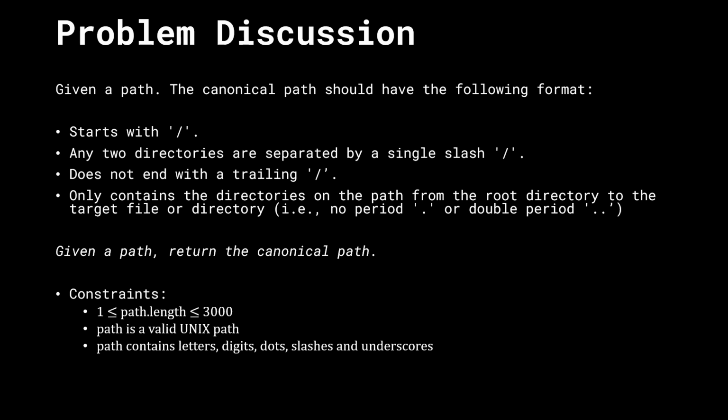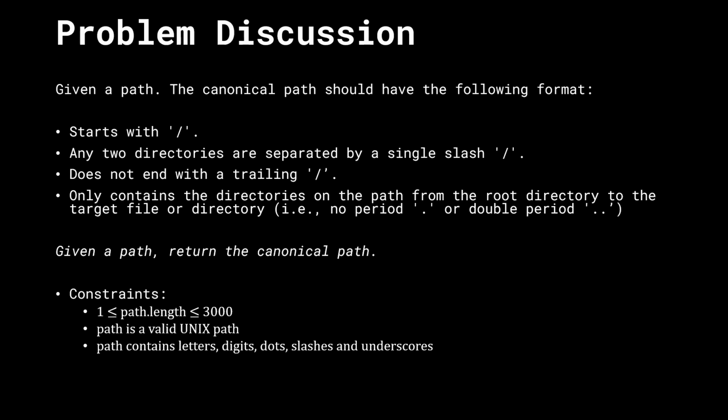Condition 3 says that we should not end with a trailing slash. In other words, if there is a slash at the end of it, you have to remove it. All right, fourth condition, which is the most important one. It says that it only contains the directories on the path from the root to the target. That is, there is no period or double period directories.